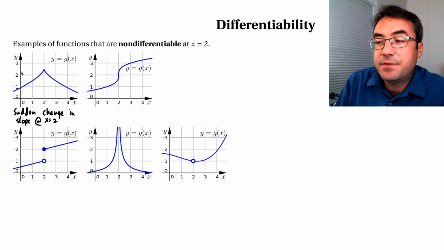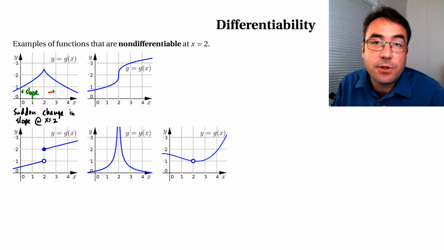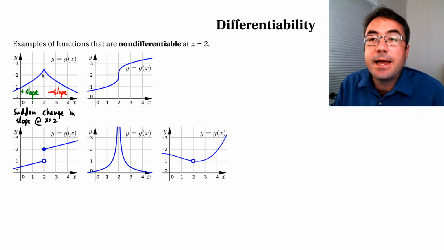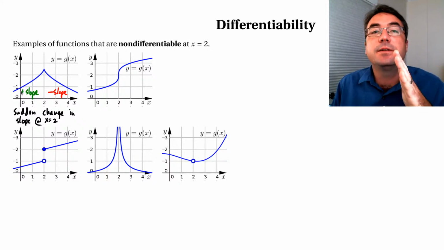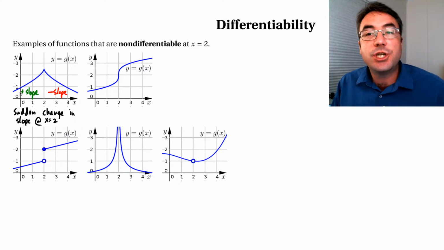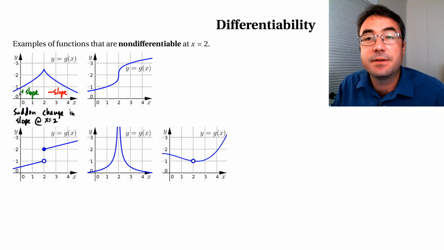Well, on the left side here, we have positive slope. Our curve is going up. On the right side, we have negative slope. Our curve is going down. And directly at that point, at x equals 2, it's not a smooth transition. It's a very sudden, sharp change from a positive slope to a negative slope.